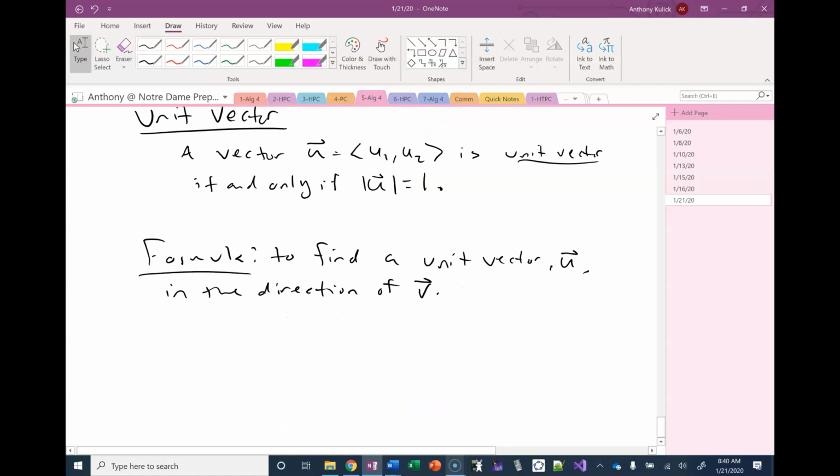So let's say we want to find a unit vector that I'm going to refer to as u that's in the same direction as the vector v. So geometrically, what I'm trying to do here is if this is my vector v, that's going to be my unit vector there.